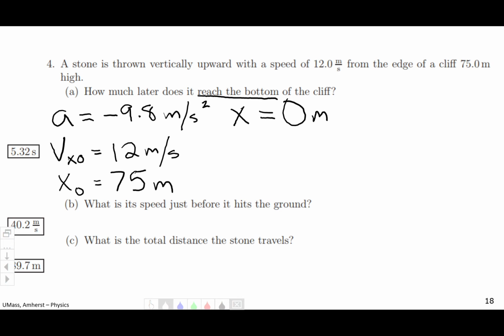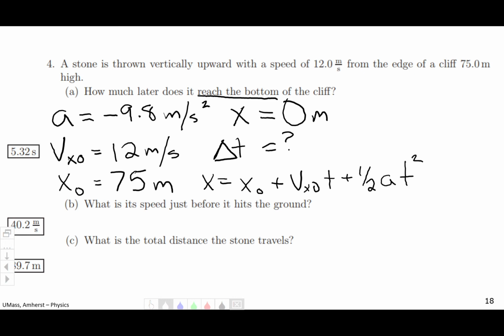If we're going to solve this, we need time, so we need delta t. We can use x equals x0 plus Vx0 t plus 1/2 a t squared.